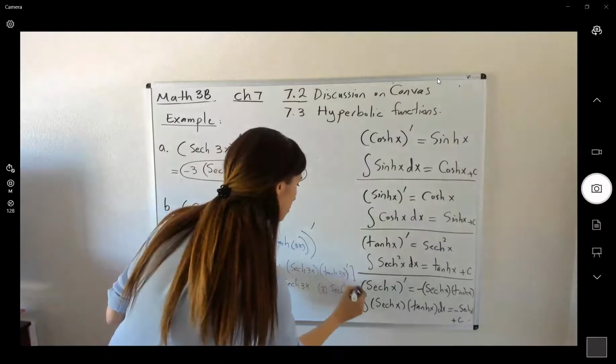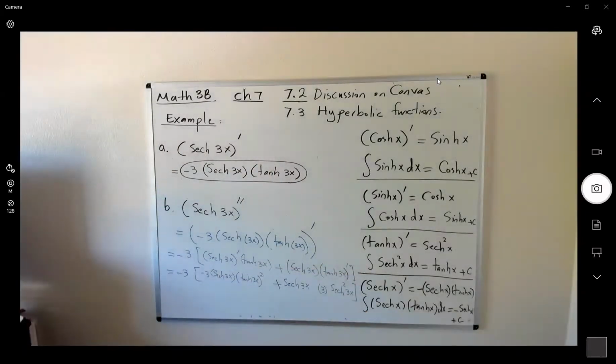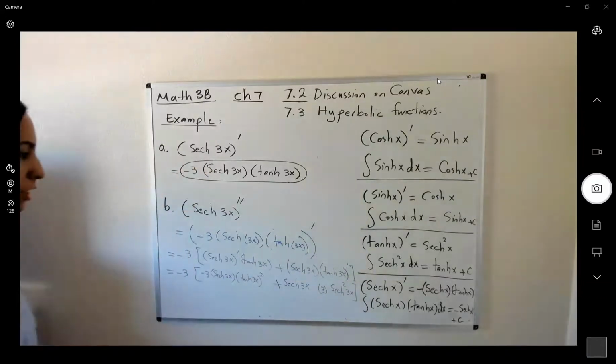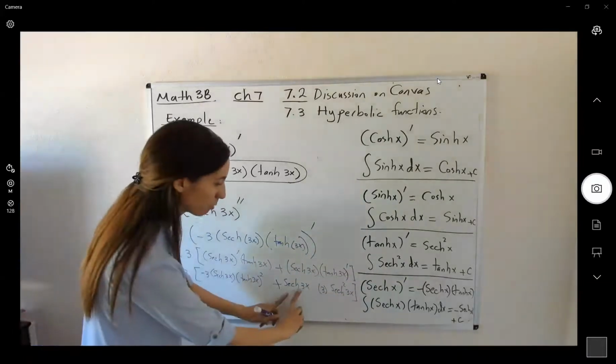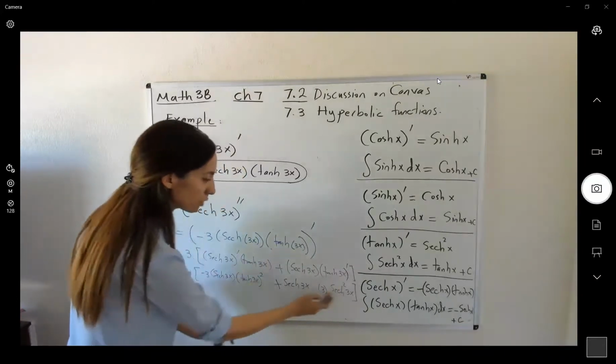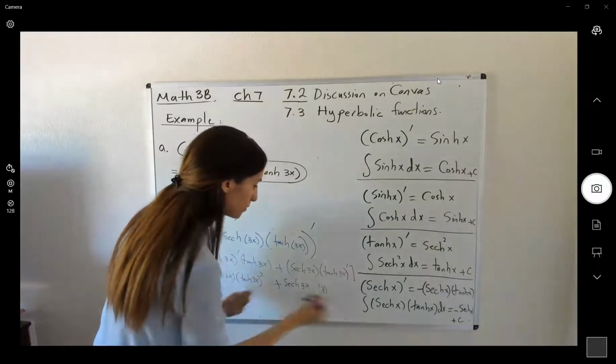Write this in brackets, since I used a bracket here. Very well, the rest is just algebra, finding similar terms, combining them. Here we have hyperbolic secant raised to the second power. So if you combine these two, you get hyperbolic secant raised to the third power.